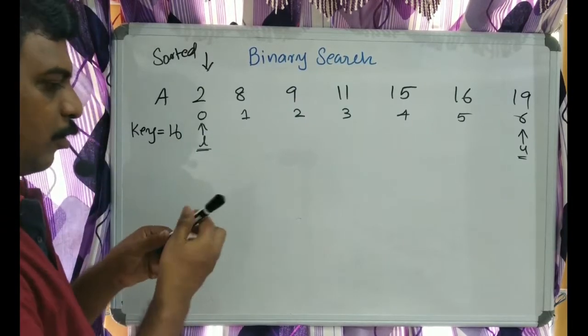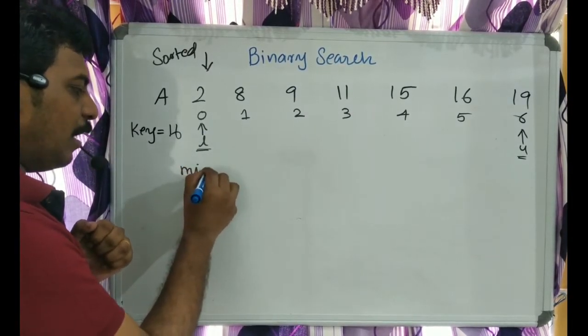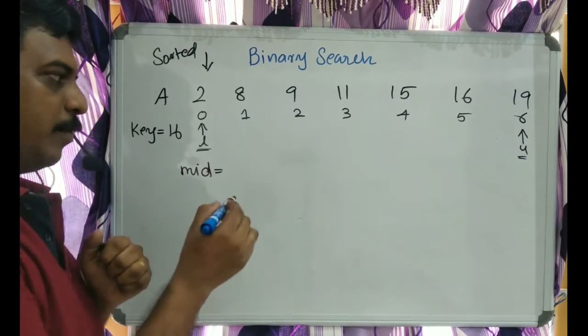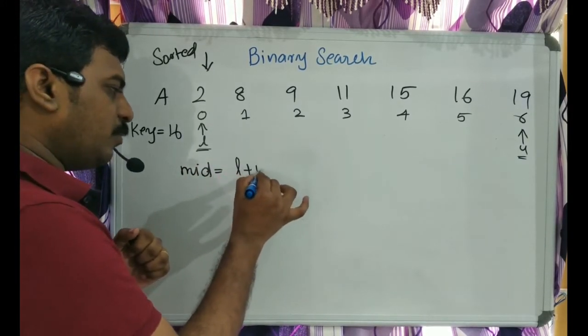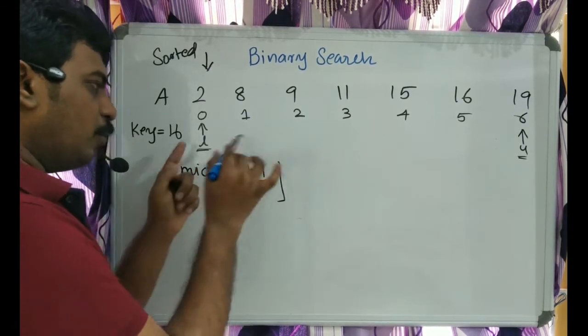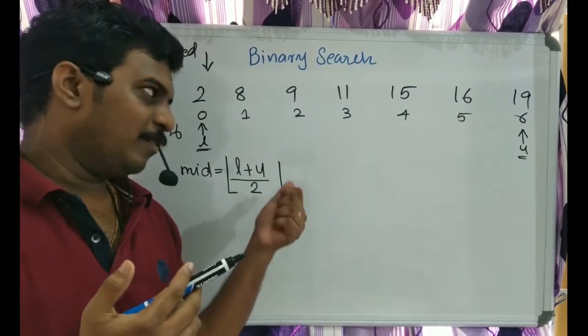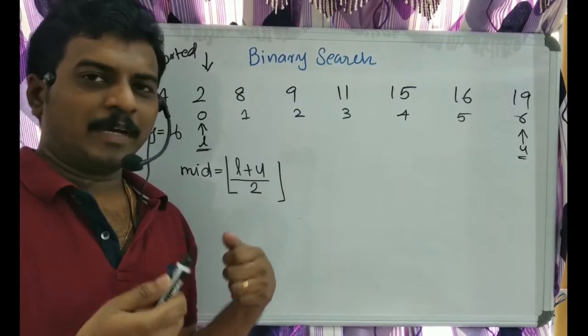In order to perform the binary search, first of all you have to find the middle index, which you can obtain by the equation (L plus U) divided by 2. You can take the floor value or the ceiling value, whichever; that doesn't affect the analysis or the performance of the binary search algorithm.